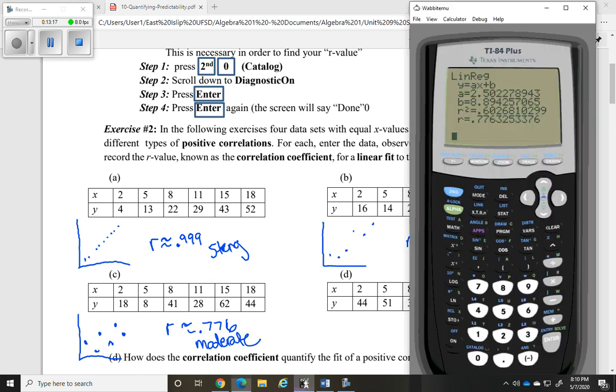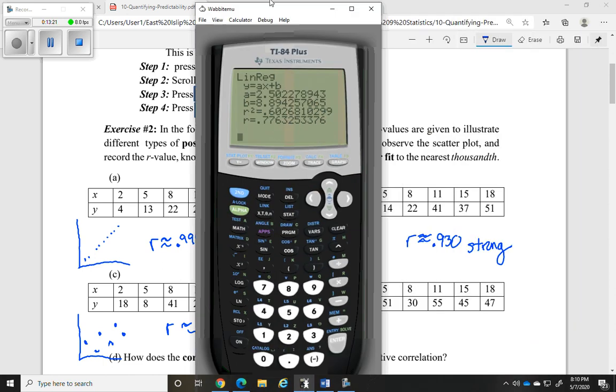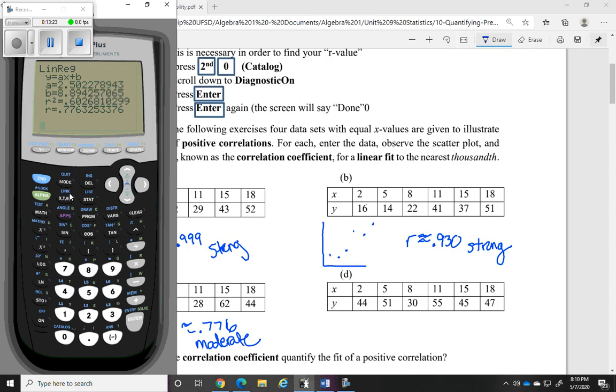And then the last one, the X values are the same. We just have to change our Y values.